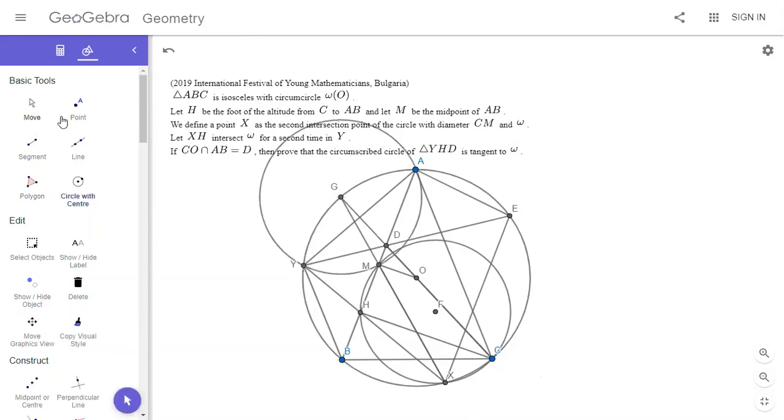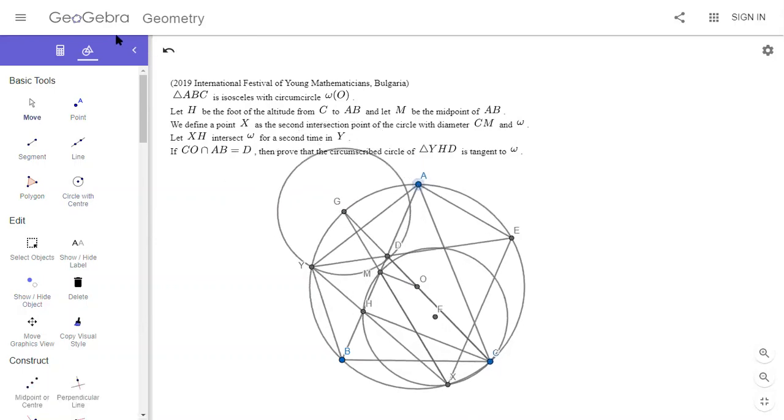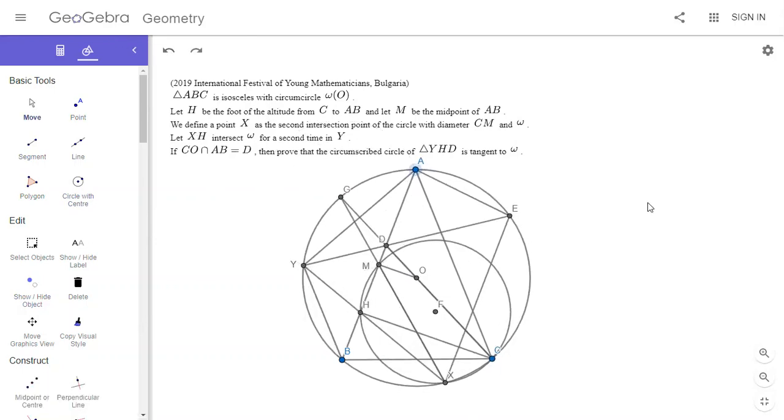Is GY equal to GA? No. Just looked like it. It's Pascal's theorem.